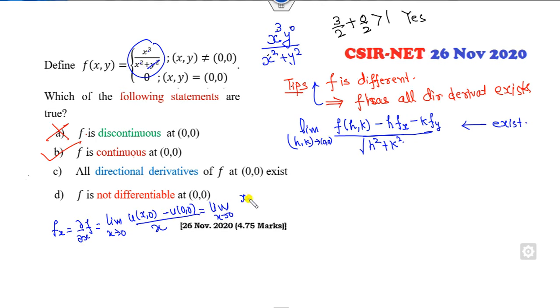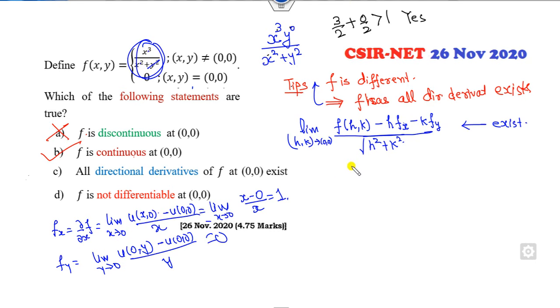f(0, 0) is 0, divided by x. So this value is 1. So fx is 1. Similarly, fy is the limit as y approaches 0 of f(0, y) minus f(0, 0) over y. So f(0, 0) is 0, and f(0, y) is 0, so fy is 0.